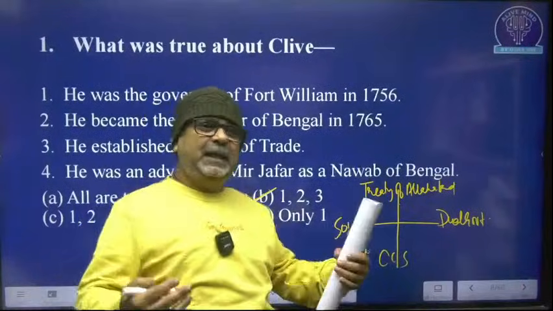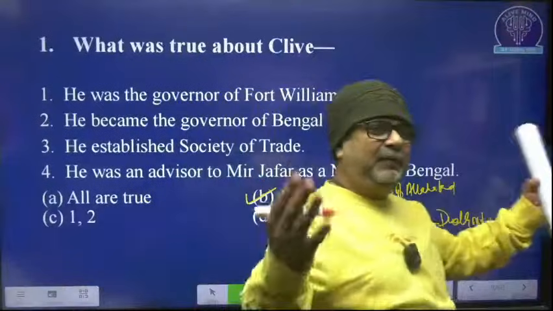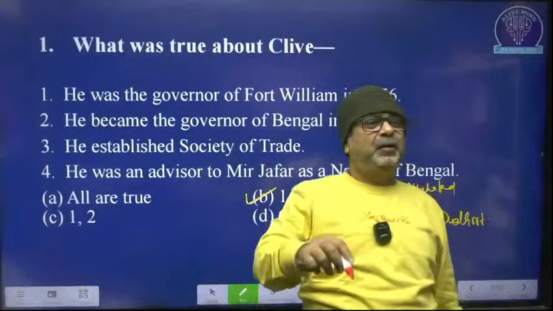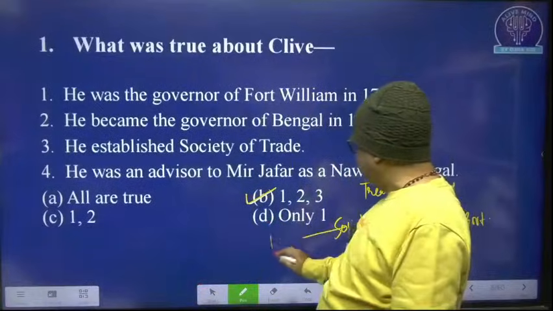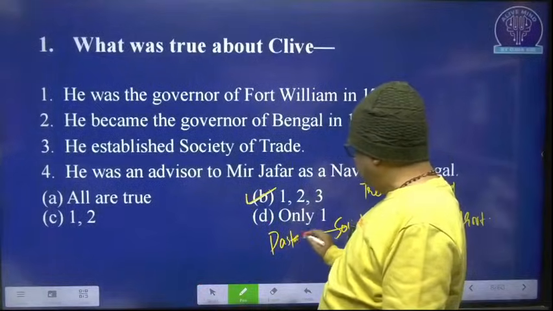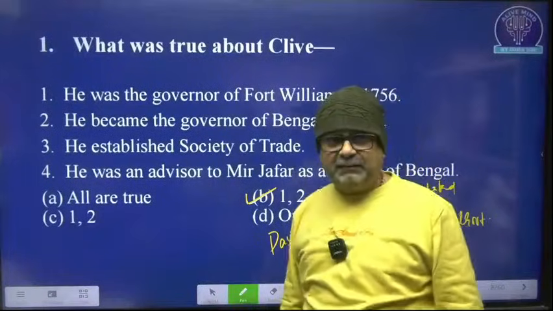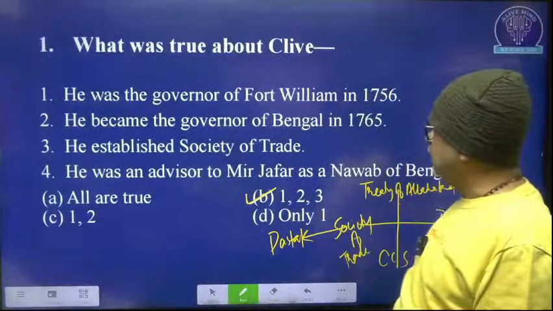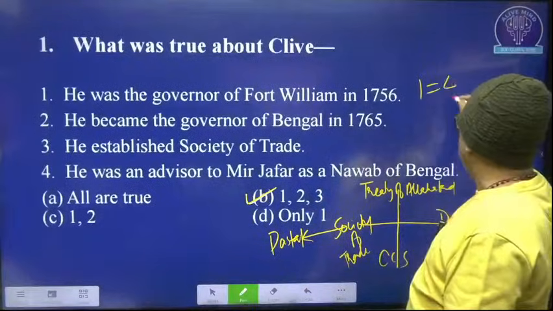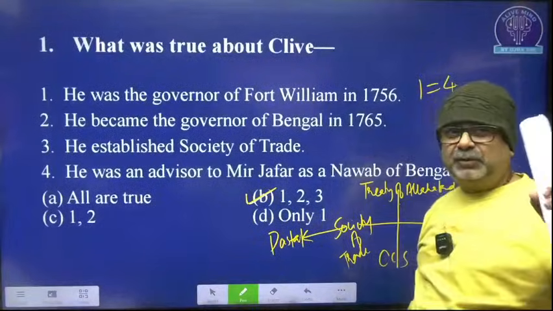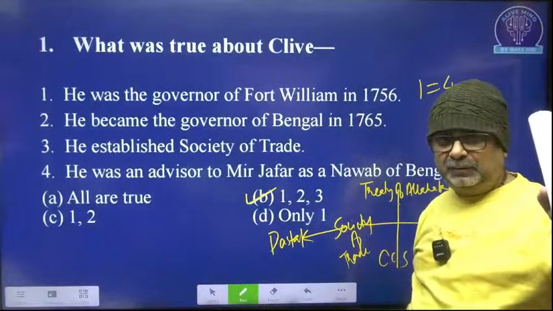But when the company became the Nawab of Bengal in 1765, then it became the pain for the company. The Society of Trade was to overcome the pain of dastak, which they got from Farrukhsiyar in 1717. So the answer is 1, 2, 3. This is called the formula of 1:4. Don't worry, I will give you minimum 20 questions of this paper to solve by yourself.